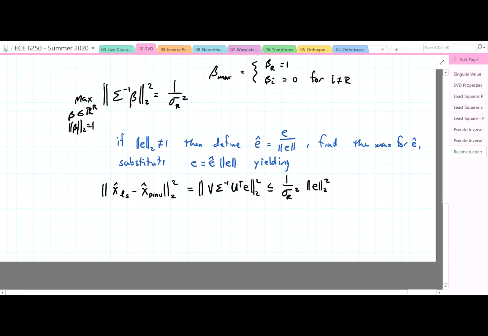So the smallest singular value causes the greatest growth in the reconstruction error.